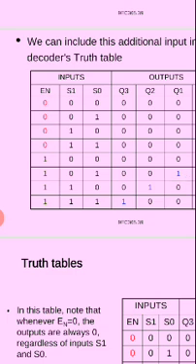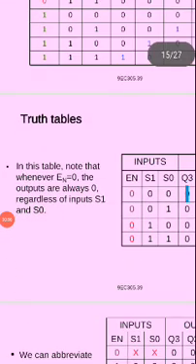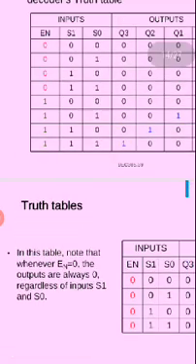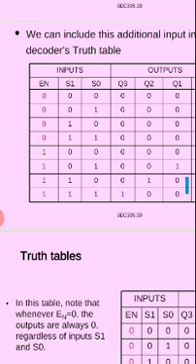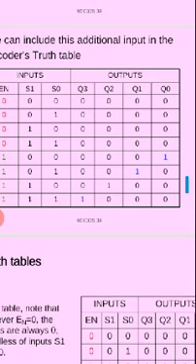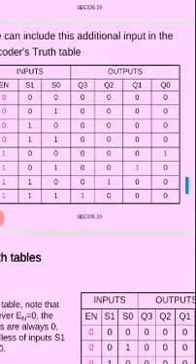If you see this truth table, as long as the enable input is 0, all the outputs are 0.